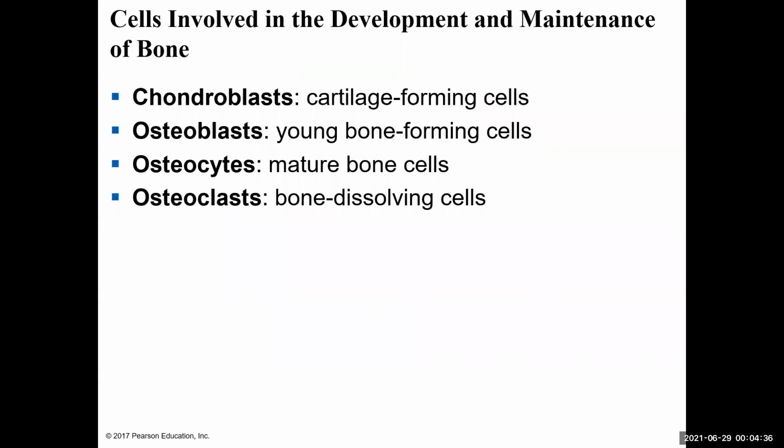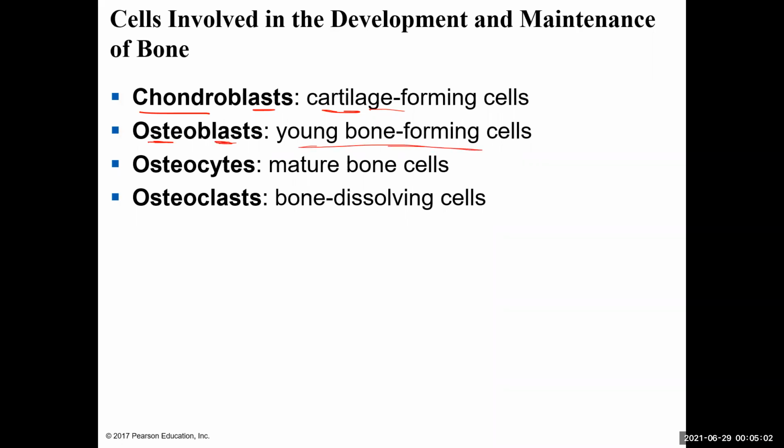Now, the cells that are involved with the development and then the maintenance or the remodeling and restructuring of bones, we're going to mention here. We've already talked about all of these. Just want to get them and define them for you. So remember, anything that's chondro is cartilage, and blast is forming, so cartilage forming cells. Osteoblast, right?